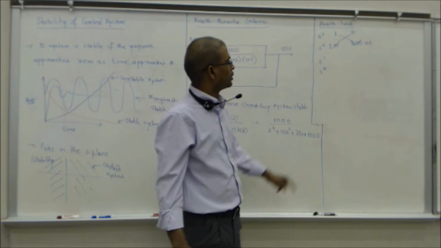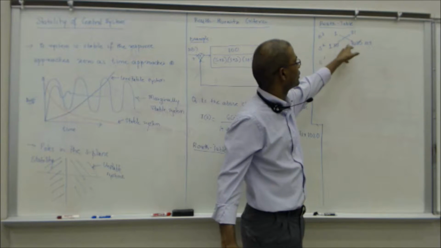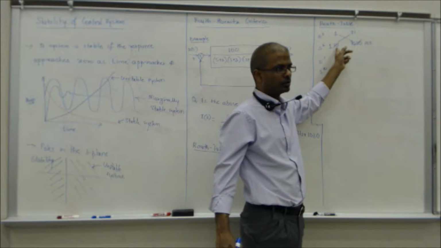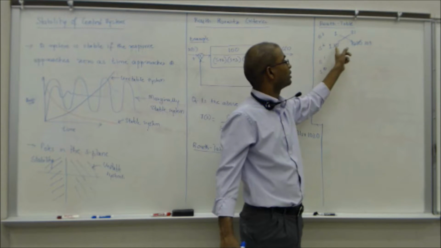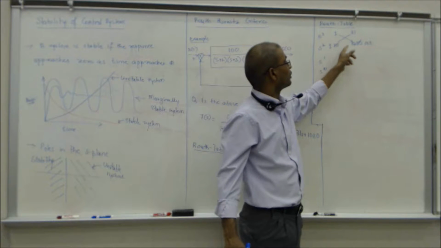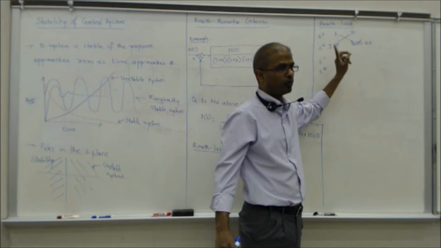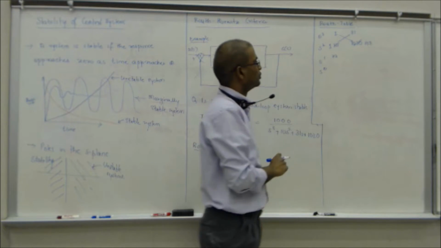So this element now would be this into this minus this into this over this. If it is cancelled, it is over 1. So it is 103 minus 31 over 1, which is 72, right?